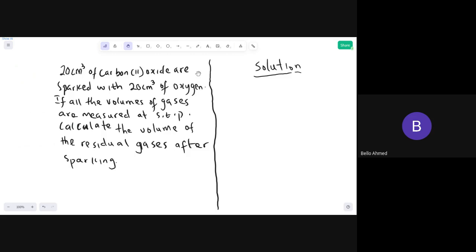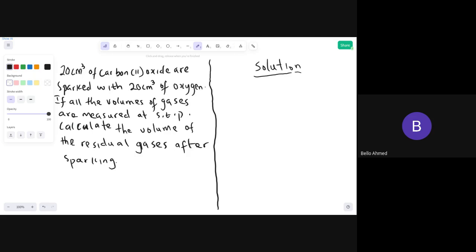So what we are going to do now is first of all write a balanced chemical equation for the reaction. Now remember, we have carbon 2 oxide packed with oxygen. So those are going to be the reactants.